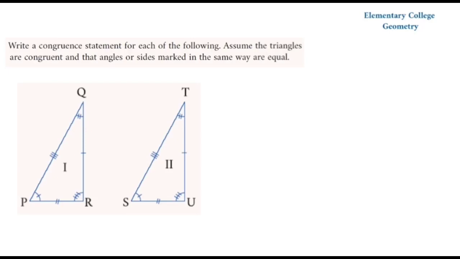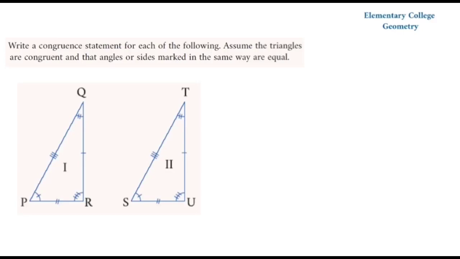The next question, write a congruent statement for each of the following. Assume the triangles are congruent and that angles or sides marked in the same way are equal. And for this question, we write a congruent statement, which is writing all the equal sides and angles in the two triangles in this figure.